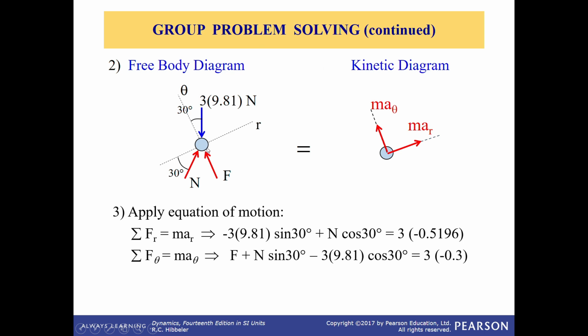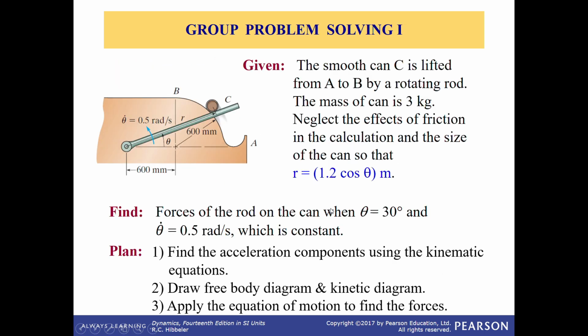So the particle is travelling in this direction, so the frictional force should be in this direction. But they ask us to find the forces of the rod on the can.